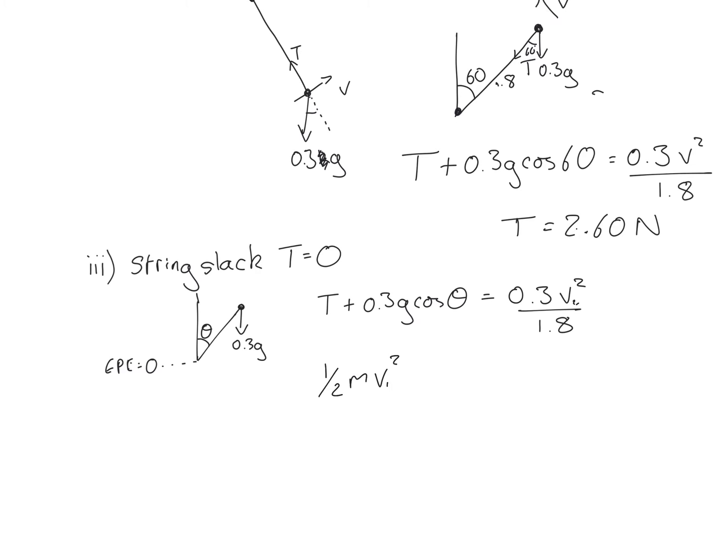Half M V1 squared minus M G H, which was 1.8 cos 25.